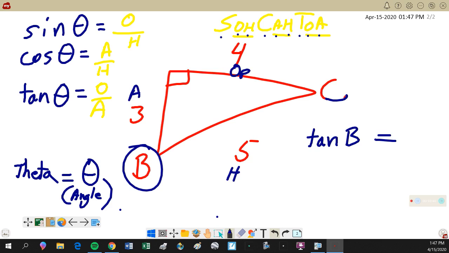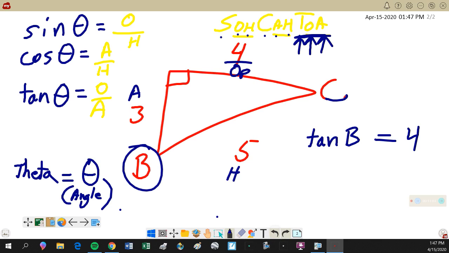And tangent, TOA, tangent is O divided by A. So I take the O side, which is 4, and I divide it by the A side, which is 3, and the tangent of B is 4 over 3.